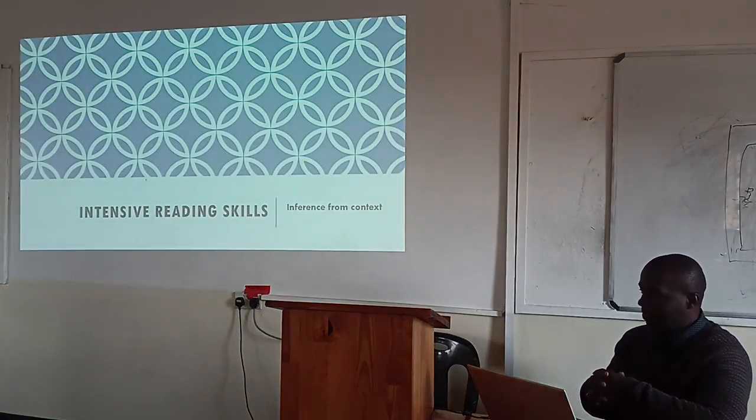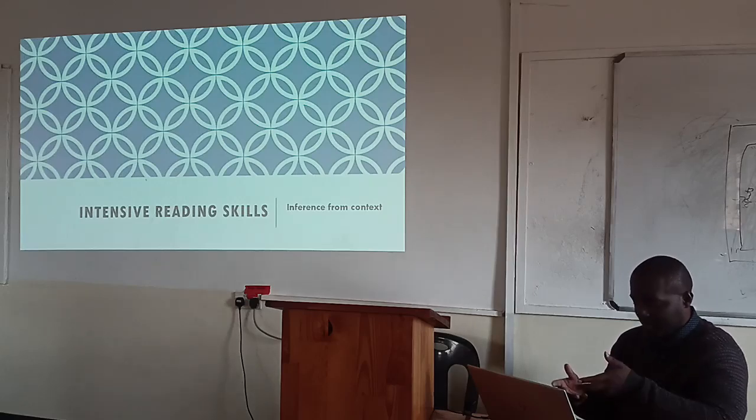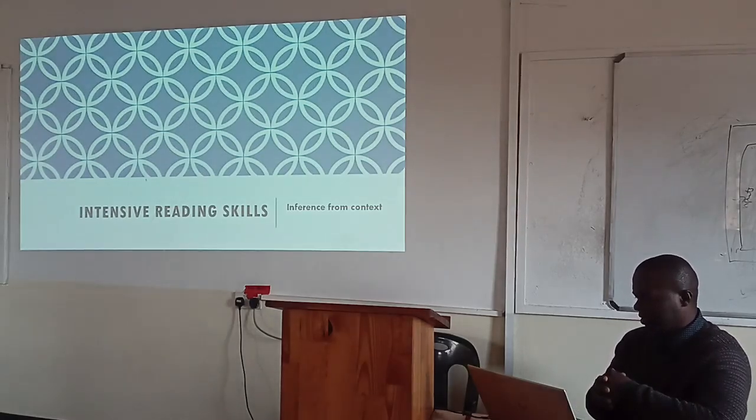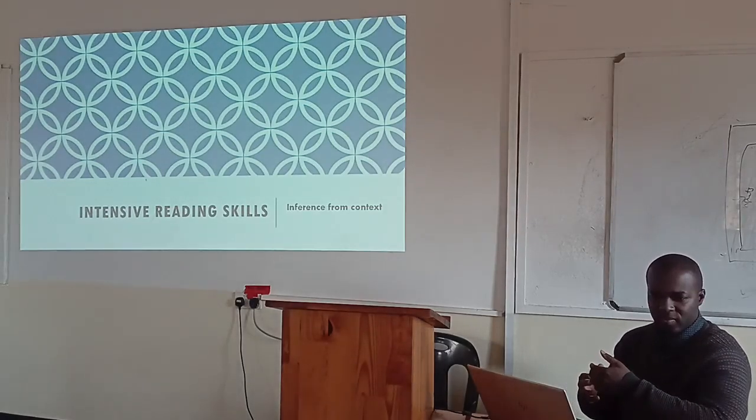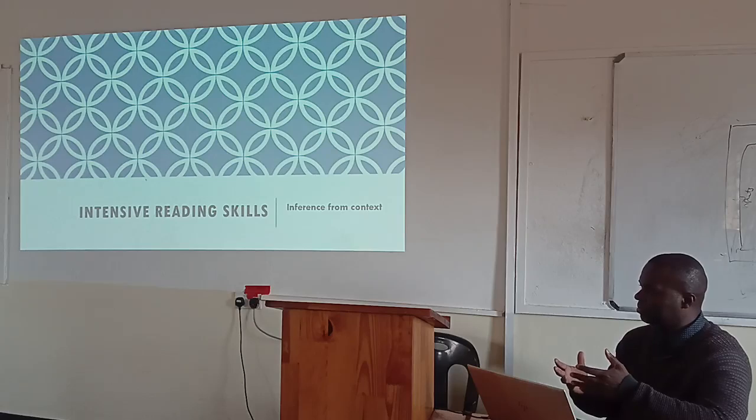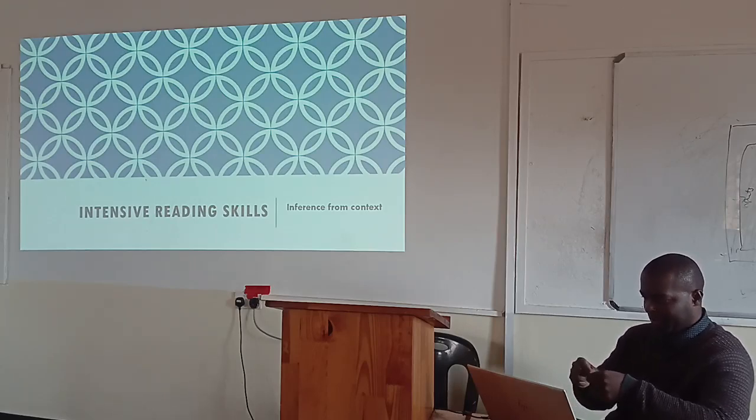So one of the elements that might make us waste time without us knowing, we have said this before, is when you have been reading and you say, I don't understand what's been said. Why is it so? It's because you expect the writer to be telling you exactly everything.